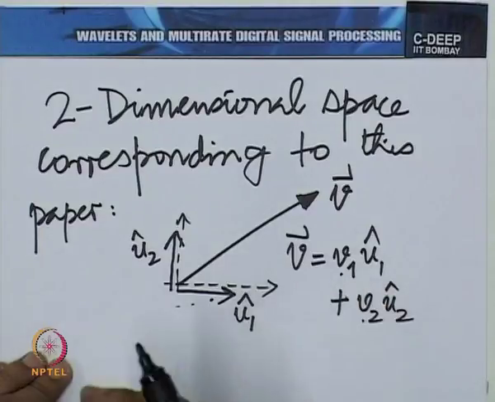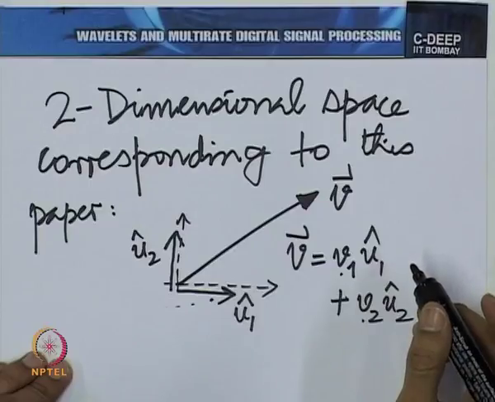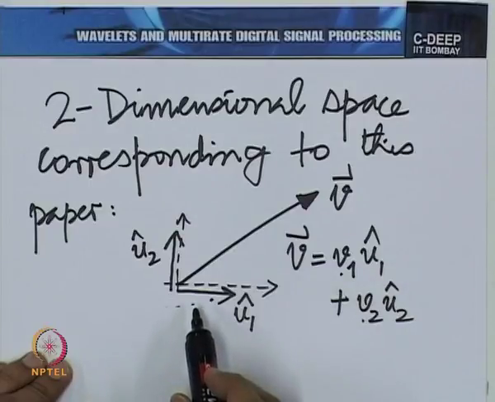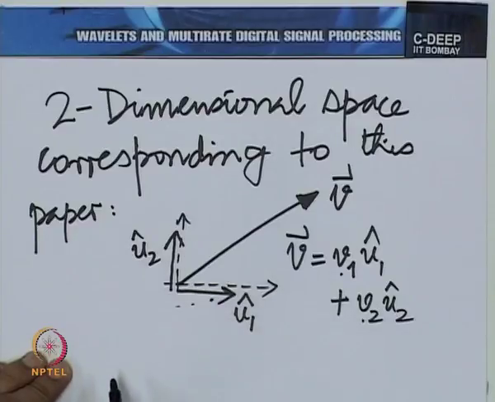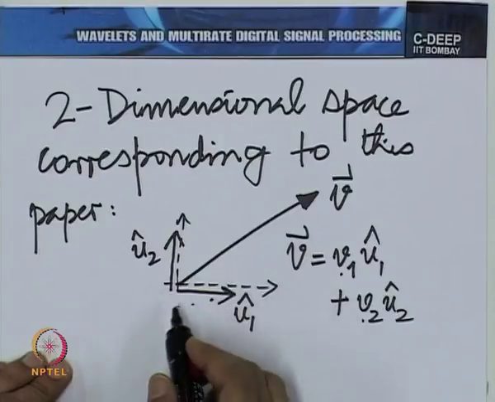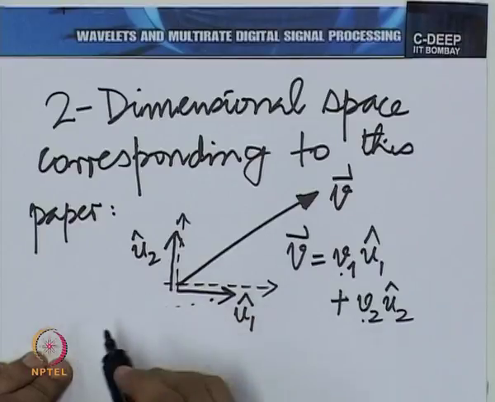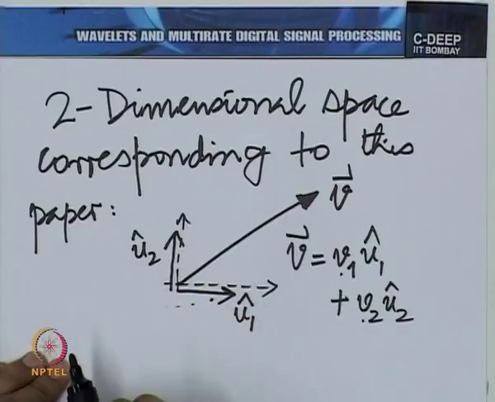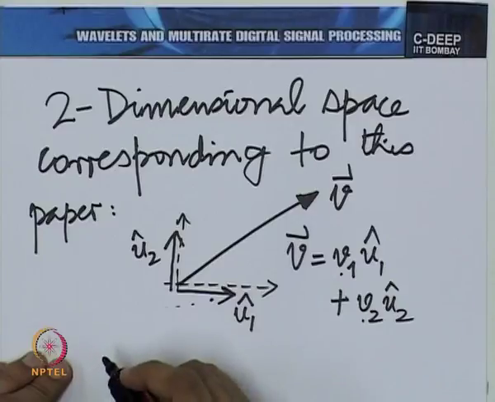And there is an infinity of such coordinate systems. In fact, one infinity of such coordinate systems can be generated simply by rotating this coordinate system of u1, u2. It is very easy to see that if I take this structure u1, u2 and rotate it by any angle in this two-dimensional plane, it would give me a new coordinate system.